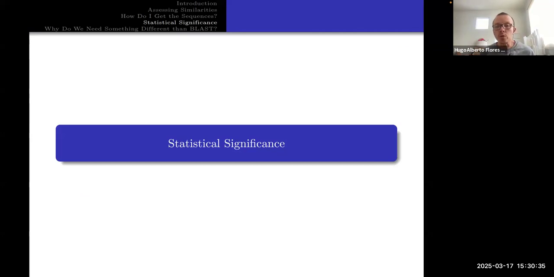The tool that we're going to use to understand whether this heuristic way to compare sequences is really significant, or something that we can trust, is the e-value, the one that I mentioned previously. And the e-value will allow us to understand if the similarity that we find between those two sequences is statistically significant.